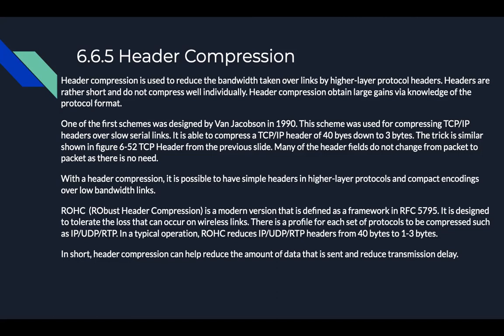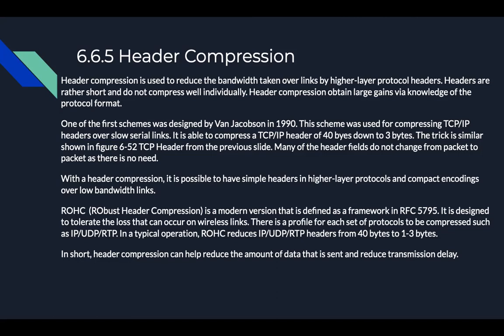The trick is similar to that shown in figure 6-52 from the previous slide, which shows the TCP header. Many of the header fields do not change from packet to packet, as there is no need. With header compression, it is possible to have simple headers in higher layer protocols and compact encodings over low bandwidth links. ROHC, which stands for Robust Header Compression, is a modern version that is defined as a framework in RFC 5795.